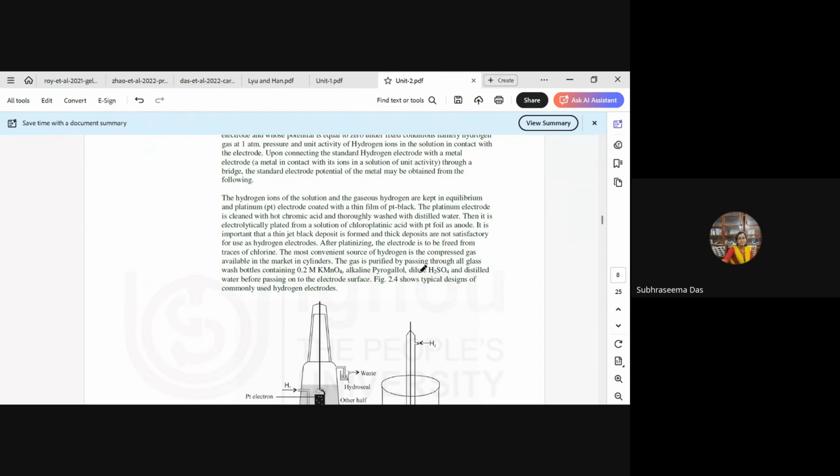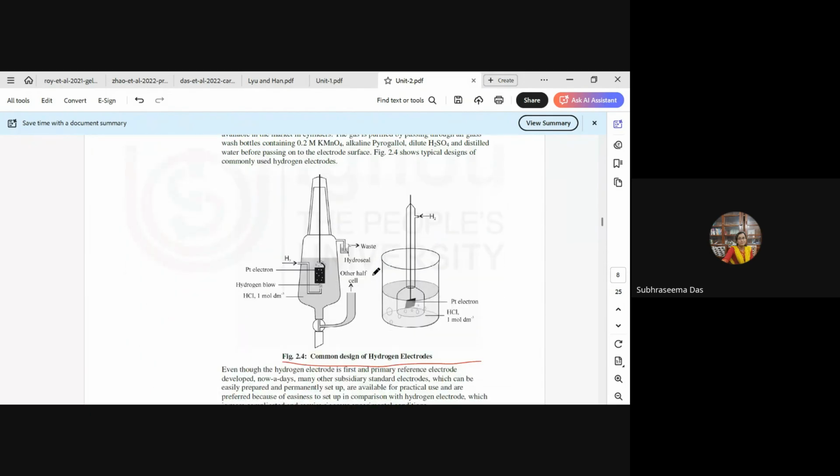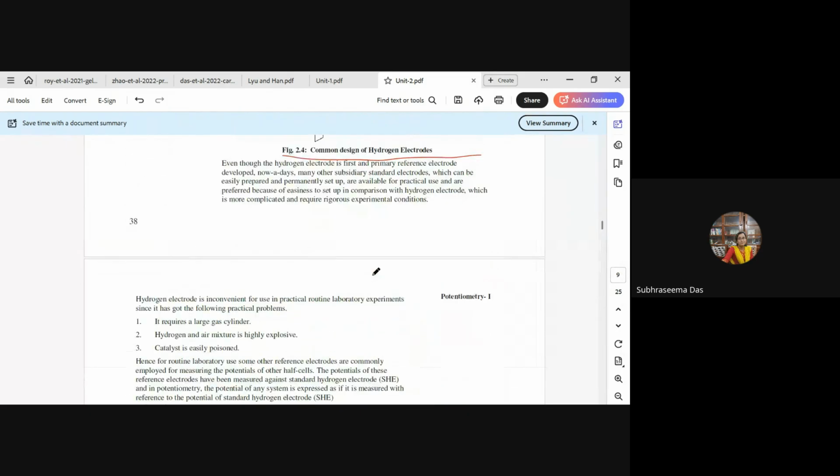The most convenient source of hydrogen is the compressed gas available in the market in cylinders. The gas is purified by passing through glass bottles containing 0.2 molar KMnO4, pyrogallol, dilute H2SO4, and distilled water. Figure 2.4 shows the typical arrangement of the commonly used hydrogen electrode.